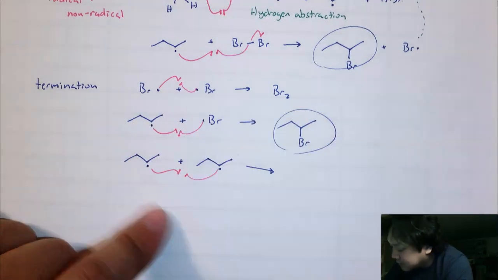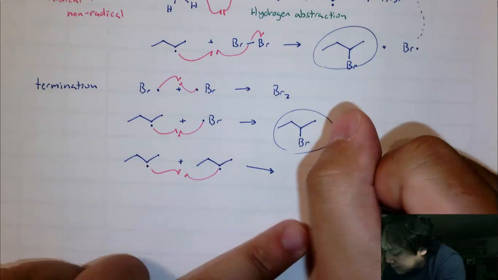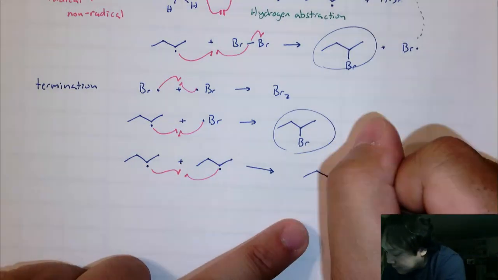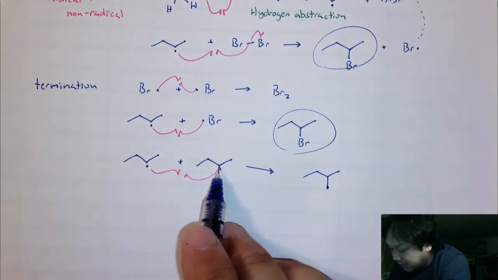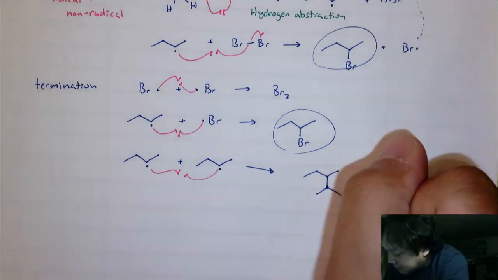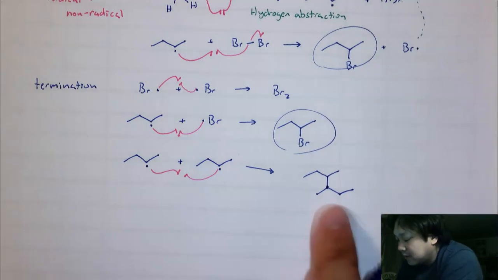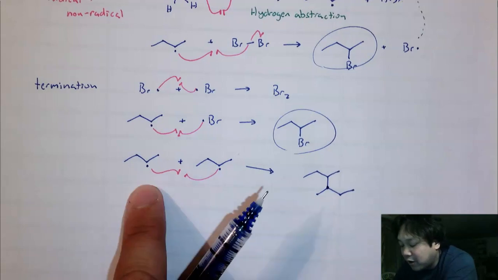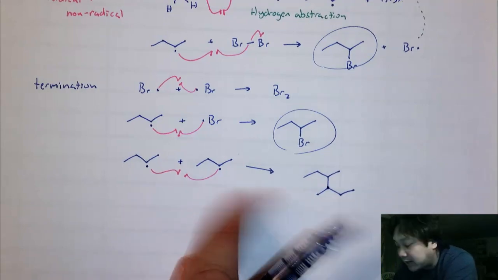We're combining these two carbons. So I could draw one of the chains, draw a bond to maybe this carbon here, and we notice that that carbon is connected to 3 other carbons. Okay, 4 carbons plus 4 carbons equals 8 carbons.